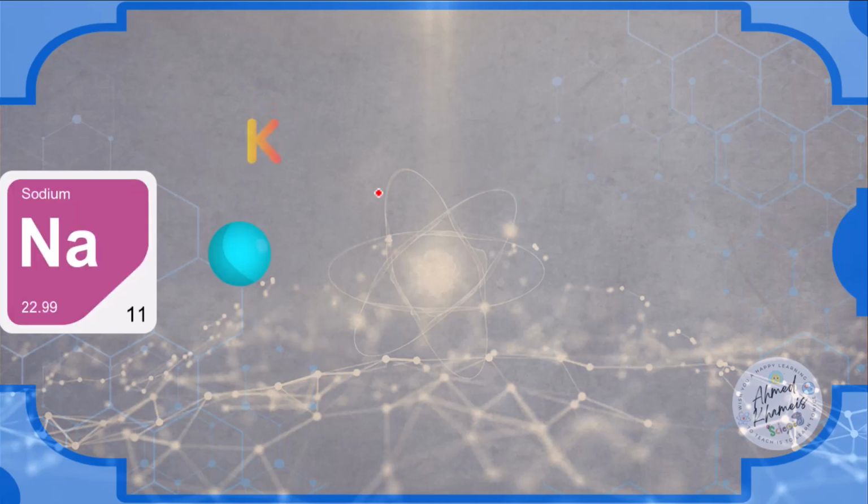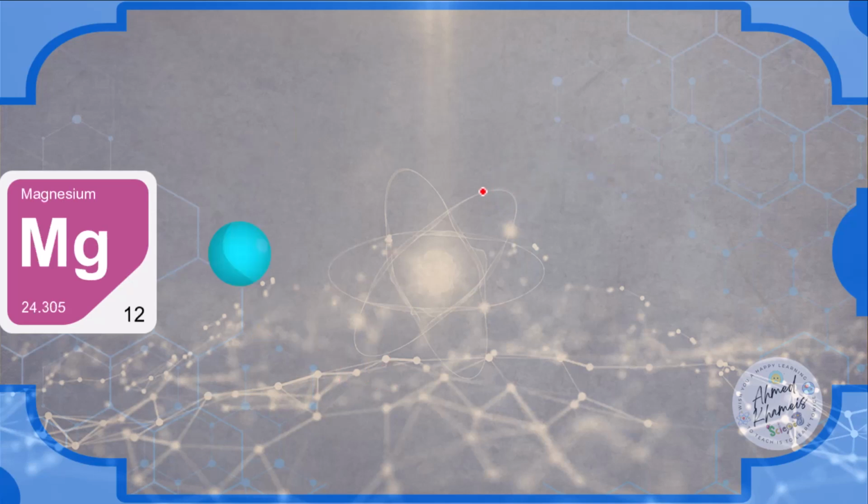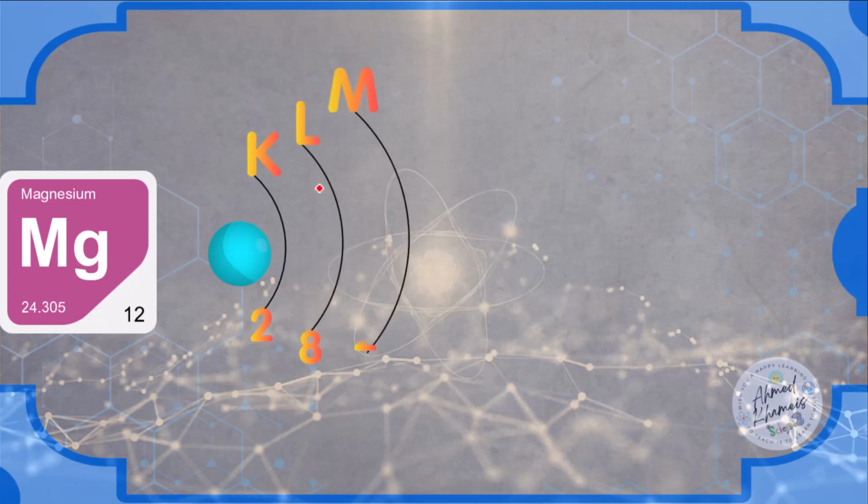Sodium, the outermost contains less than 8 electrons, so it's active. Magnesium, the outermost energy level has less than 8 electrons, so it's active.